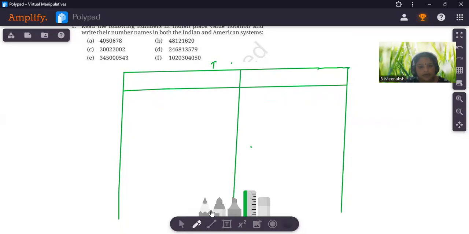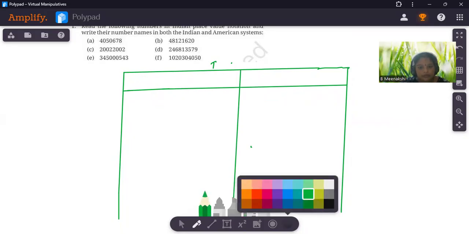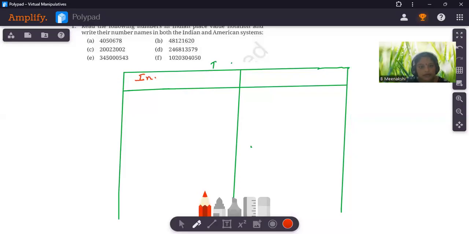So I have made a tabular column. Here I will write Indian place value system, and here I will write American place value system.